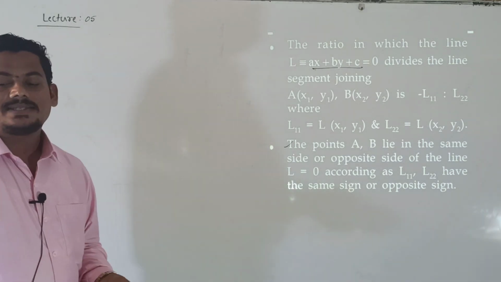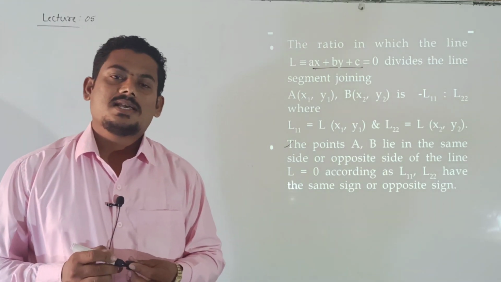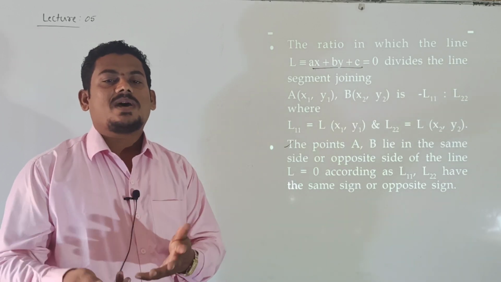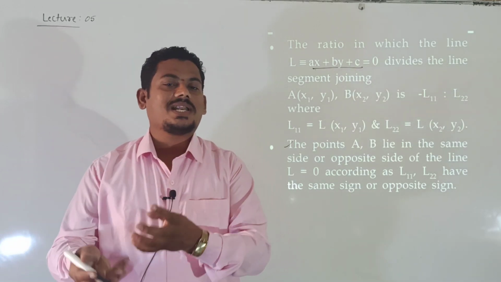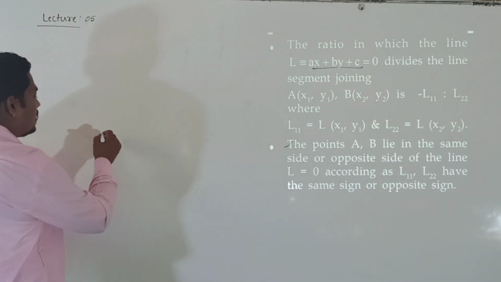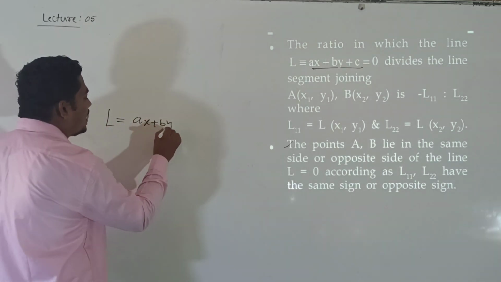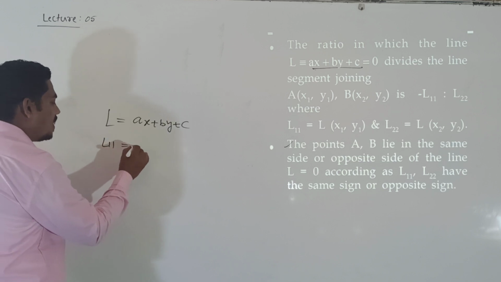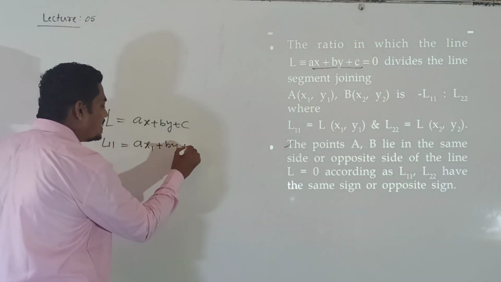Whether two points lie on the same side of the line or opposite side depends on the sign of L11 and L22. L11 means if you put the first point x1, y1 in the given line, it is the L11 notation. L is nothing but ax plus by plus c, right? What is L11? L11 means ax1 plus by1 plus c.